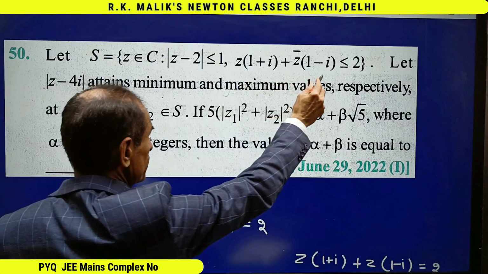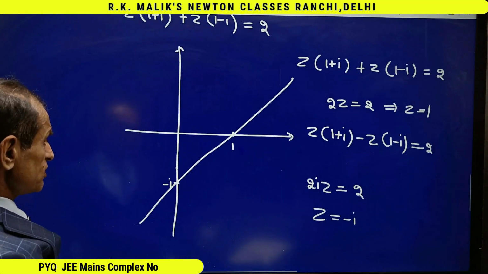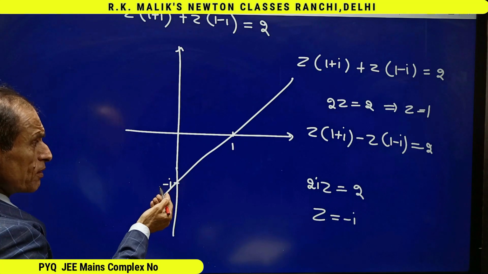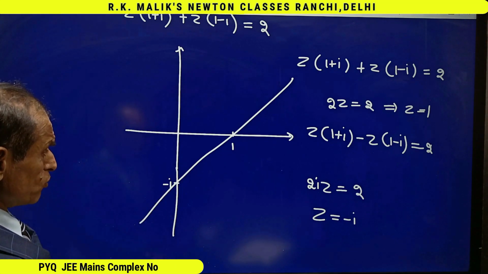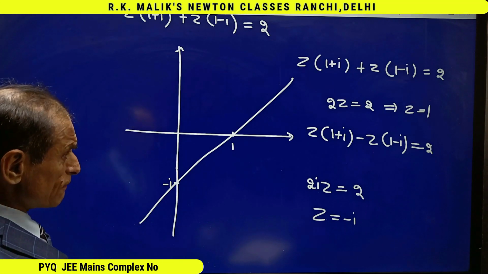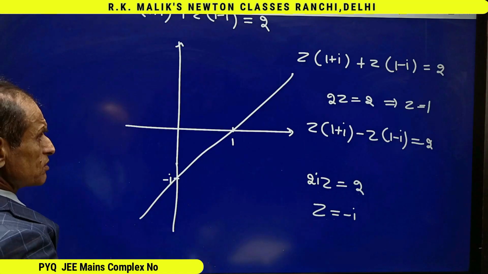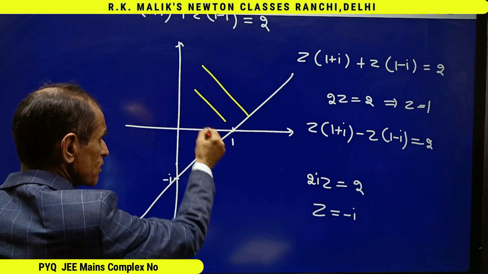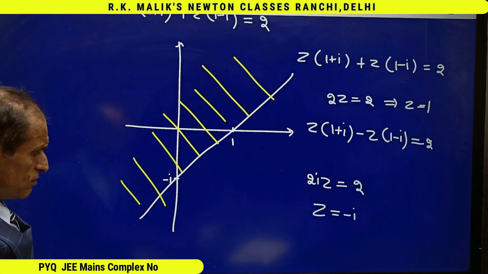And because the given is an inequation, shading will also be there. To check whether shading will be on this side or on this side, take the help of the origin. Origin clearly satisfies this. Therefore shading will be on this side.